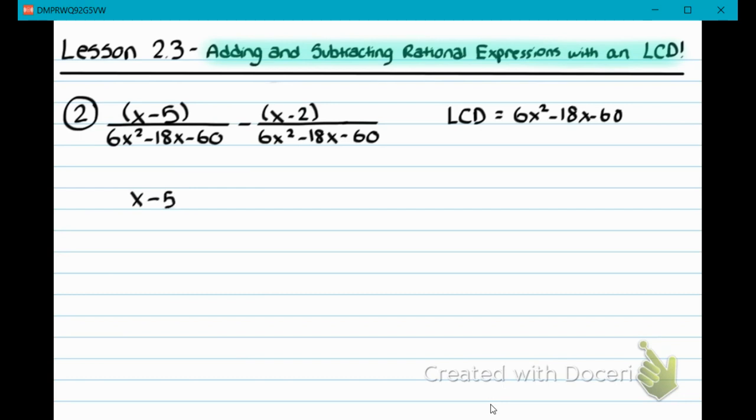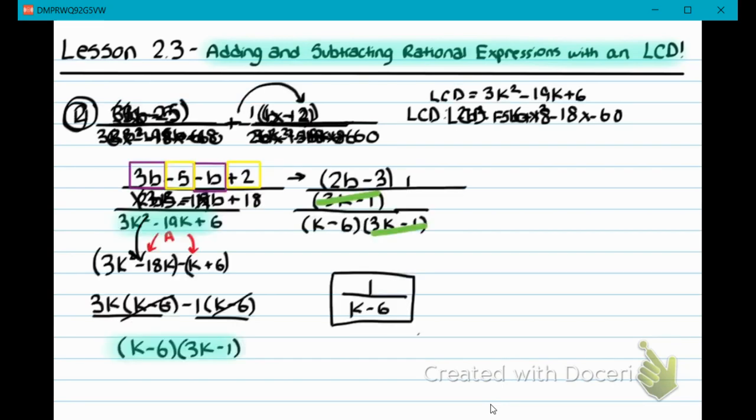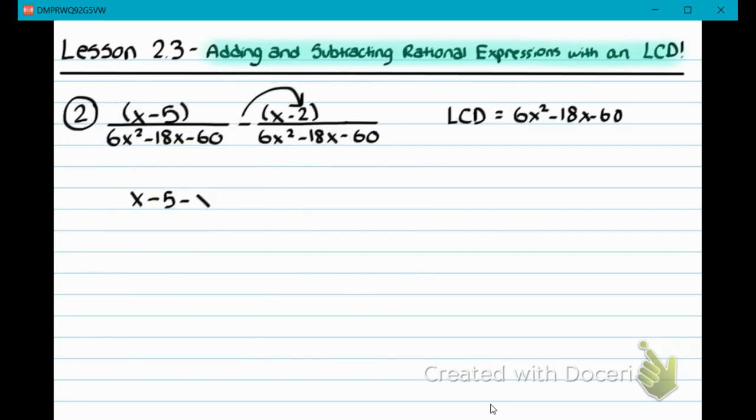Then I have a minus x, and it's a minus, you're subtracting a negative 2, so that would be plus 2 over 6x to the second minus 18x, and then minus 60.